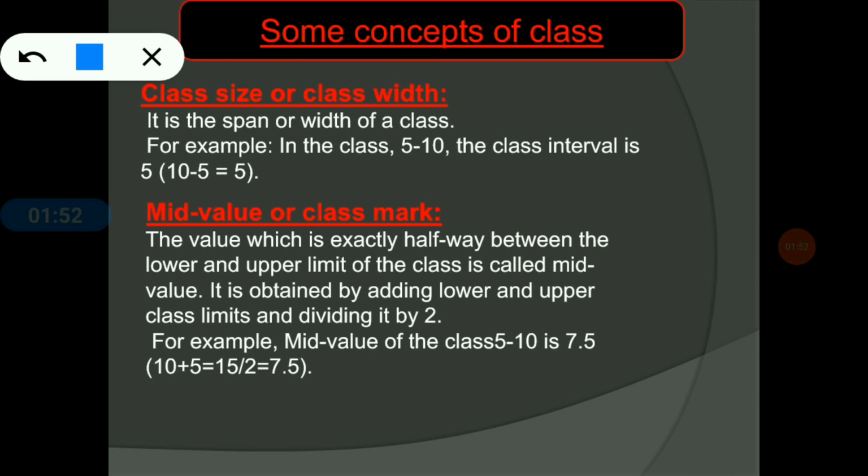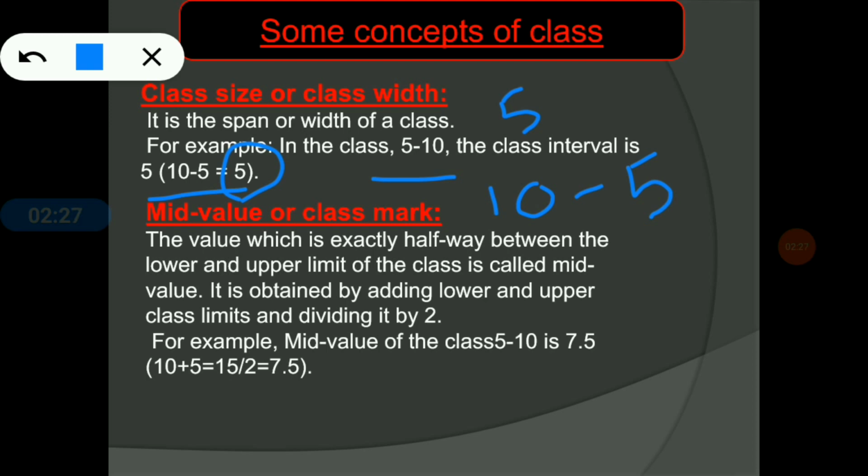For example, in the class 5 to 10, the class interval is 5, because 10 is the upper class limit and 5 is the lower class limit. The difference between them is 5, so the class width of this class is 5.